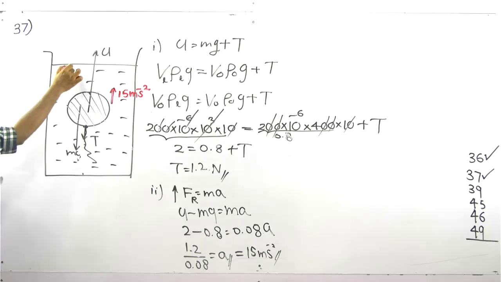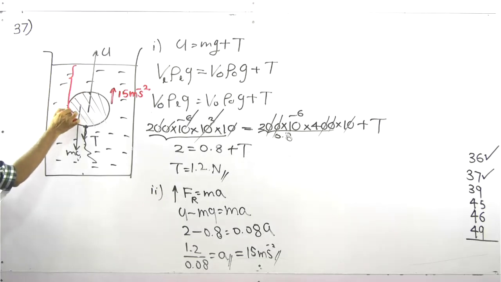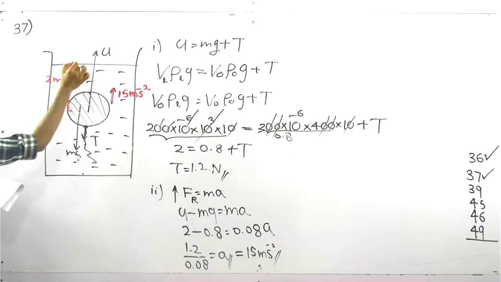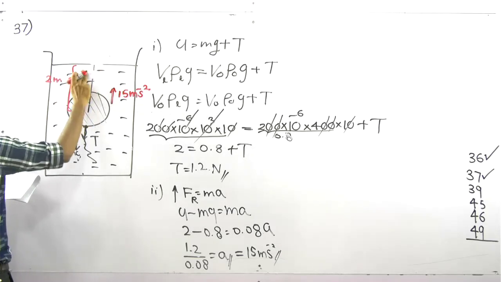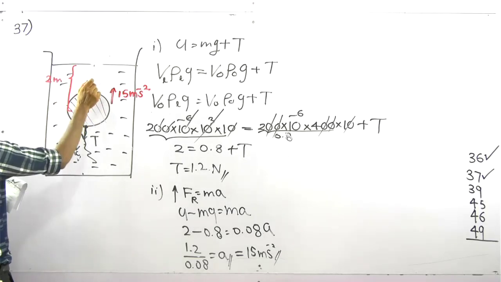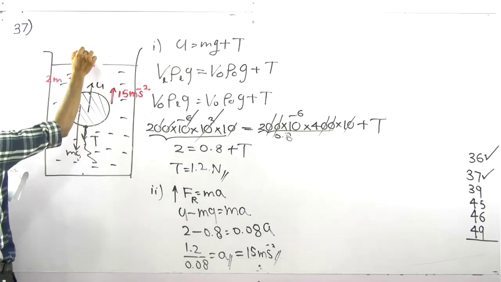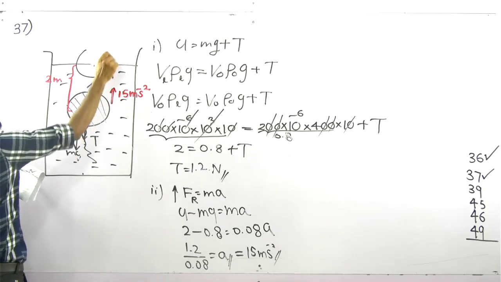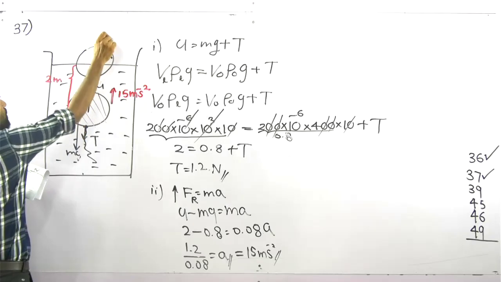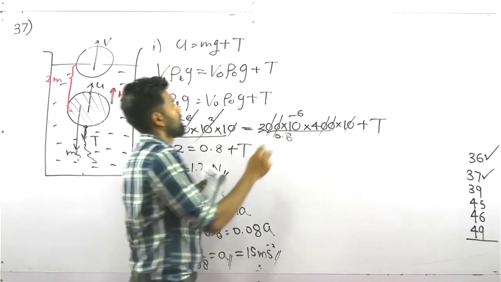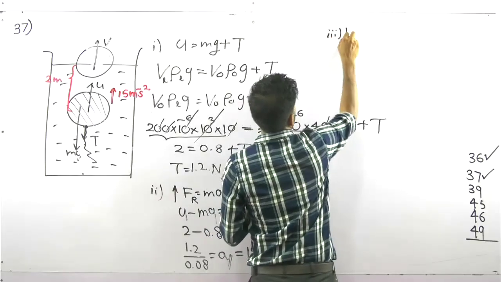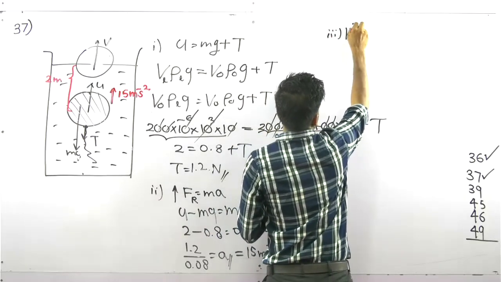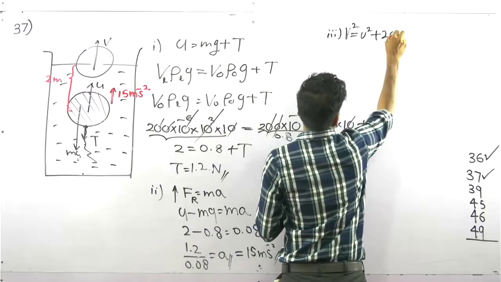Now it has to move a distance of 2 meters to reach the surface. So at the surface, what will be the velocity? Third part: V square is equal to U square plus 2as.